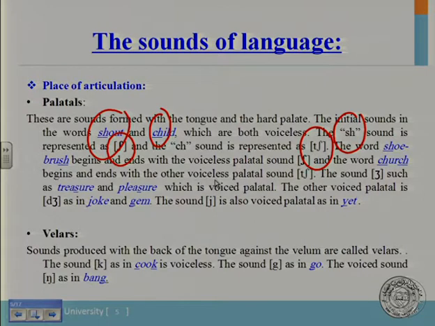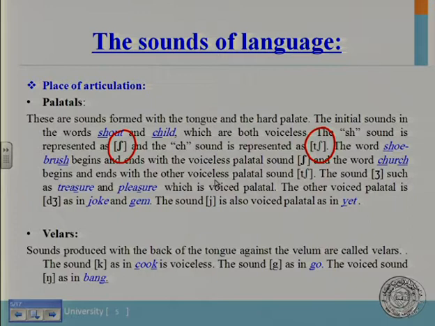So we have two sounds in palatal: the first is sh, which is a voiceless sound, and the second is ch, which is also a voiceless sound. Now let us take another example.